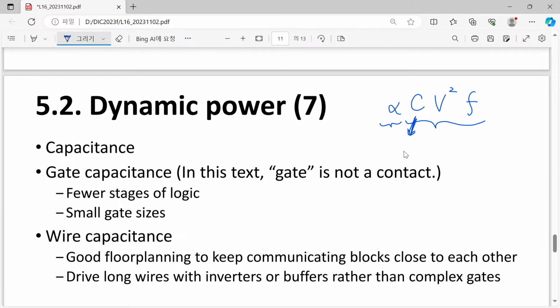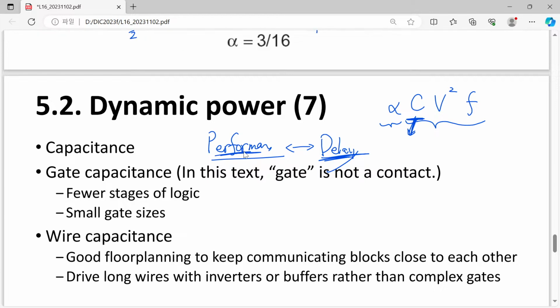Your previous criterion to determine the C value was delay. And what is this delay? Delay is directly related with your performance. So C shown here is directly related to your performance.